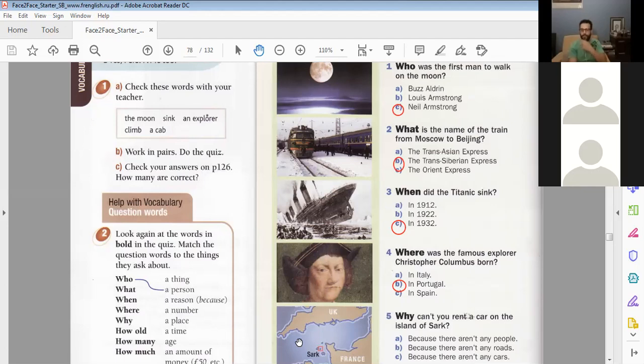Because there aren't any roads, because there aren't any cars. Okay, there aren't any roads. Let's choose your answer.